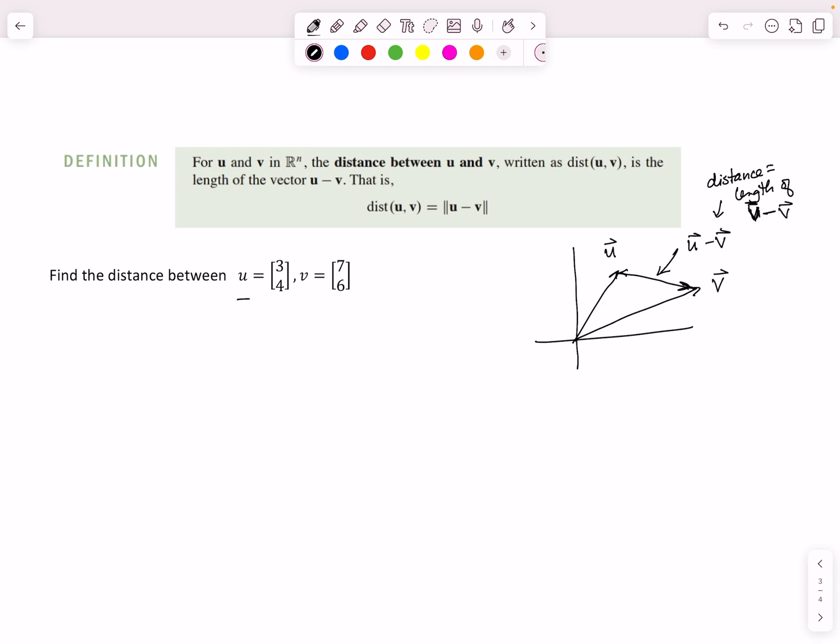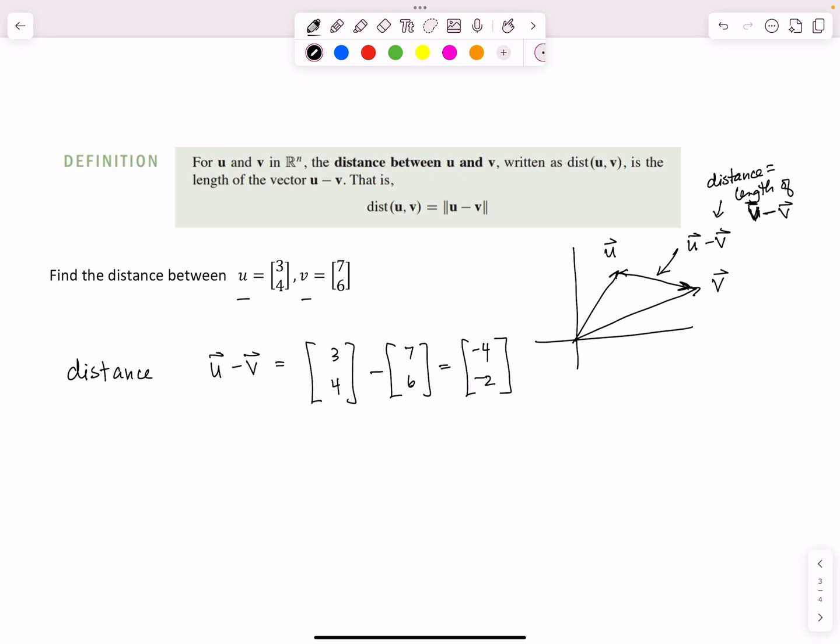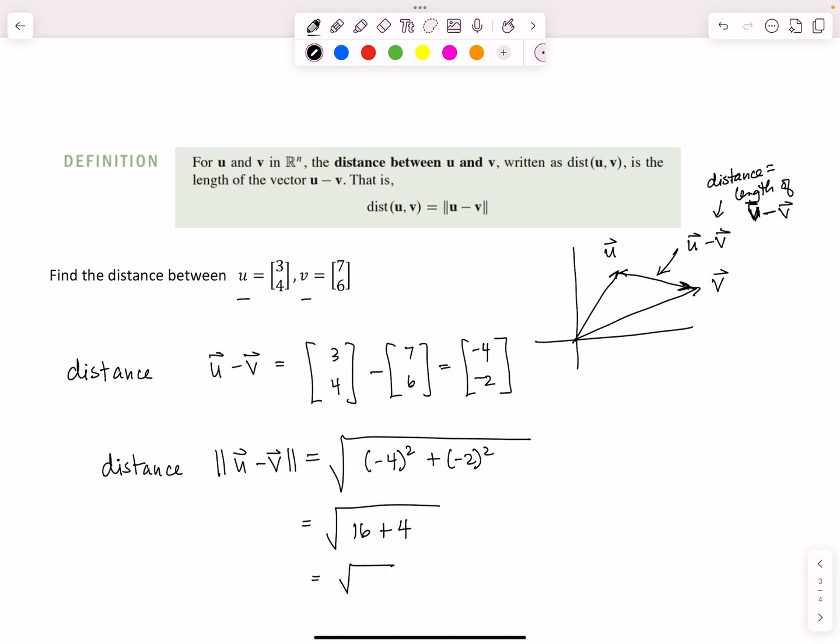So if we want to find the distance between these two vectors, we need to figure out what u minus v is. Well, this is 3, 4, minus 7, 6. So I get minus 4, minus 2. So the distance is the length of this resulting vector. This is the square root of minus 4 squared plus minus 2 squared, so the square root of 16 plus 4, the square root of 20.